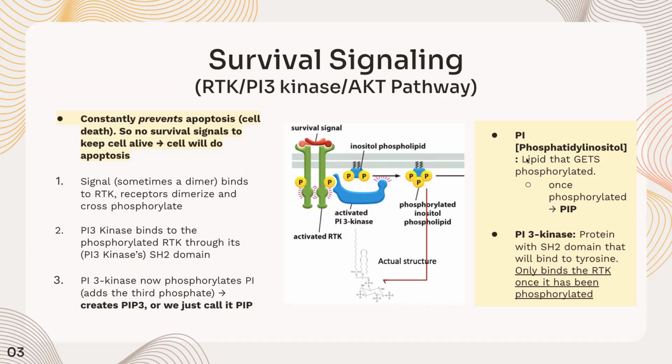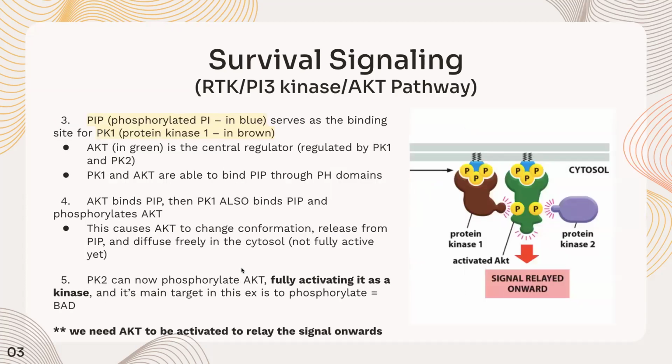PI is the lipid that gets phosphorylated. Once we phosphorylate it, it's called PIP, if you're wondering what the difference is between those two terms. PI is just before the phosphate. A third phosphate creates PIP3. We just call it PIP, but she has both in there sometimes.